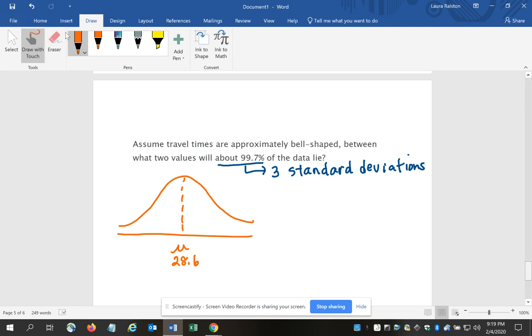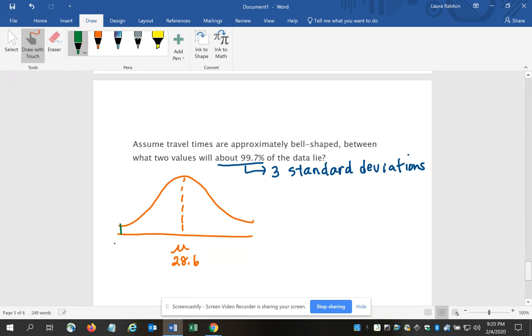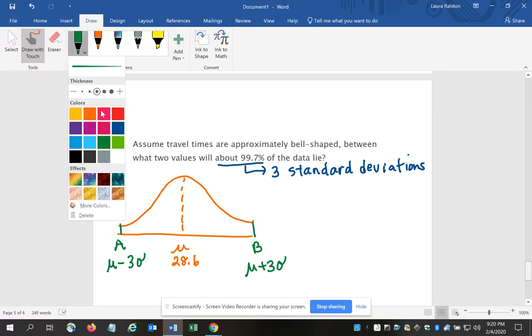And again, you're looking for those cutoff values: the mean minus 3 standard deviations, and the mean plus 3 standard deviations. We use the numbers that we know and plug and chug to get those values.